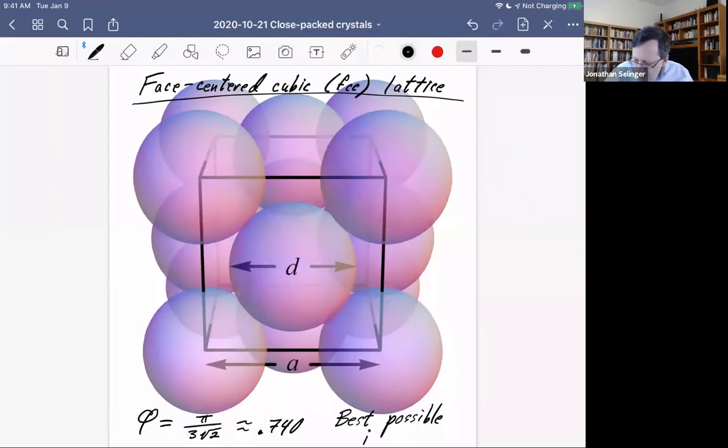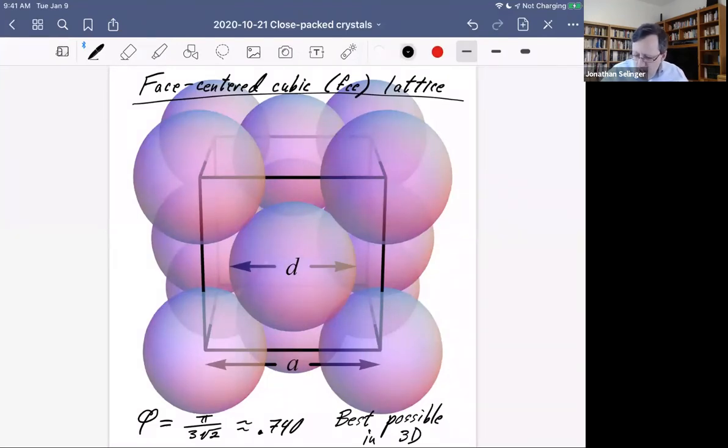To be more specific, this is tied for best in 3D. There are other structures that are equally good in 3D, but there is nothing that is better than this in 3D.